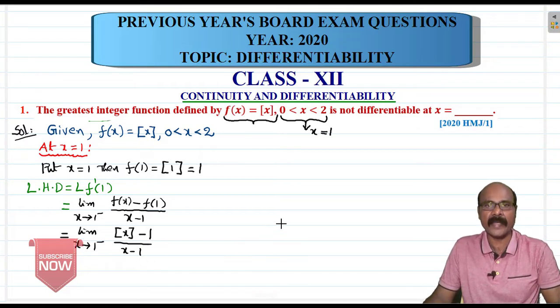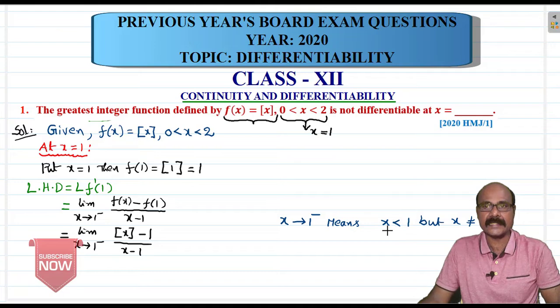What is the meaning of x tending to 1 minus? X tending to 1 minus means the x value is less than 1 but x is not equal to 1. If x is less than 1, approximately I am taking 0.9.